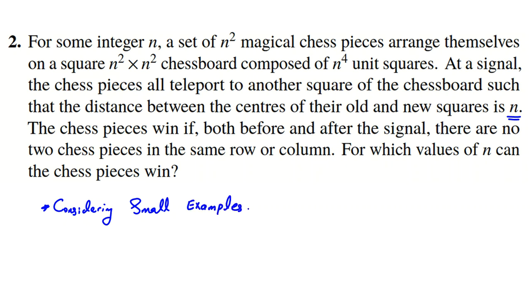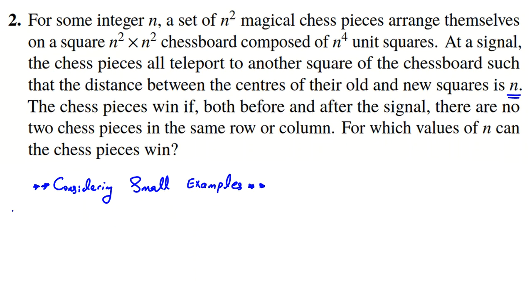In many problems, for example, we have two variables, or maybe we have three things, and we should use small examples on those. Here, the only variable is n, so let's start to use a small example on n. First, n is 1.